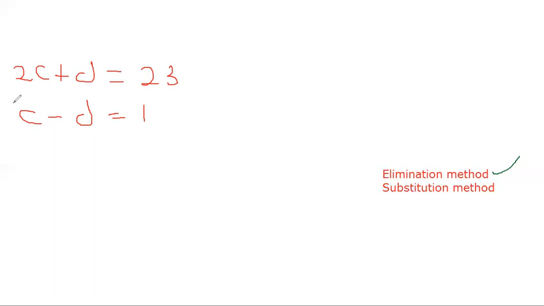Choose an equation. No, before you choose any equation, we are going to add them together. Now, why do you think we are adding and not minus? Why do you put plus and not minus?